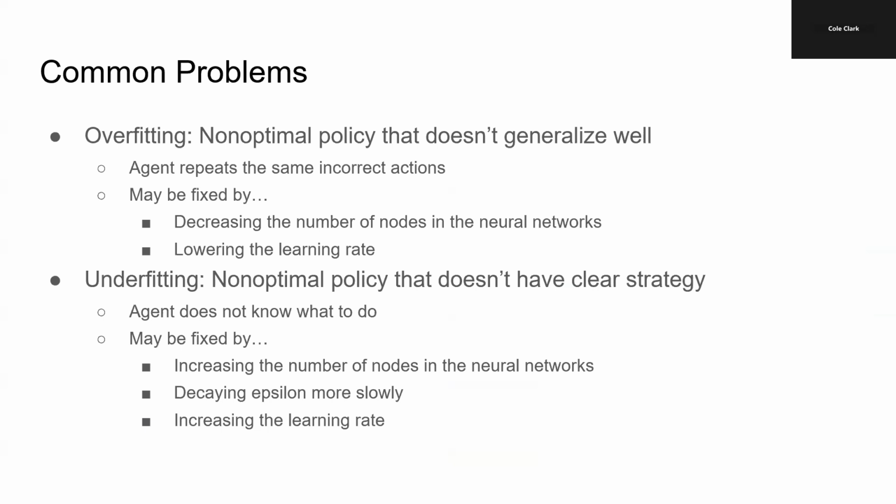Some common problems for a reinforcement machine learning agent are overfitting and underfitting. Overfitting happens when the agent gets stuck with a policy that is non-optimal and hard to change. With an overfit policy, the agent would likely move in a similar way each episode without collecting all of the coins.